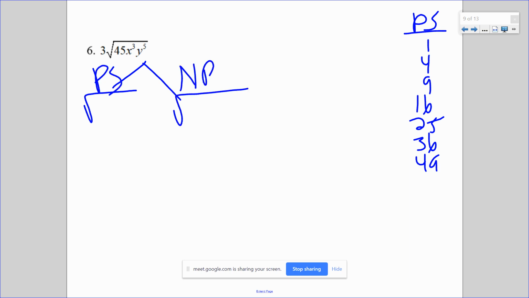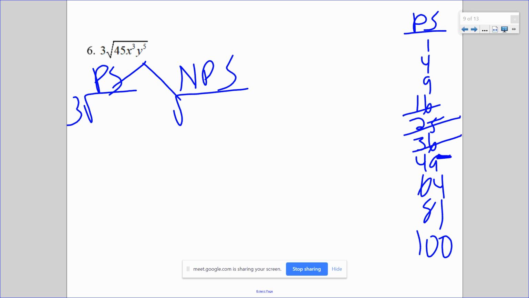Perfect squares, non-perfect squares. I'm going to keep the 3 up front. 3 separate problems. The 45, the x to the 3rd, the y to the 5th. I'm going to treat them all separately. So 45, what goes into 45? No, no, no. 9 does. 9 and 5.